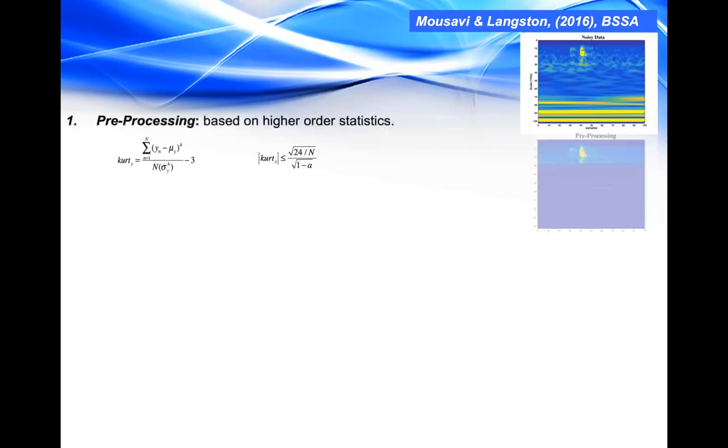But to improve the denoising, we proposed a 3-step denoising procedure here. After decomposing the signal into individual modes, in the first, pre-processing step, we use a higher order statistic and calculate the kurtosis of each mode and use it to detect and remove those modes that are mainly Gaussian noise.